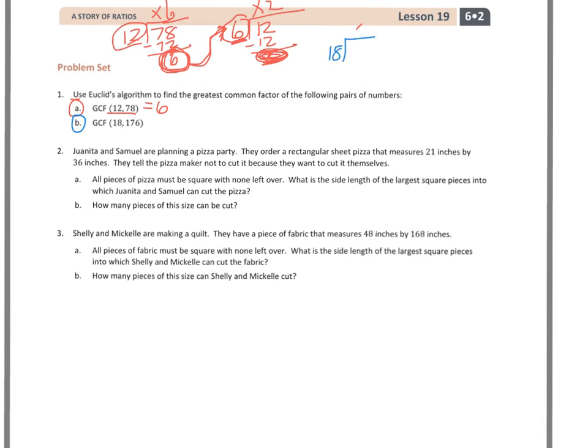So we have 18 as my divisor, 176 as my dividend. And this one's going to go in 9 times. And I know 18 times 9 is 162.